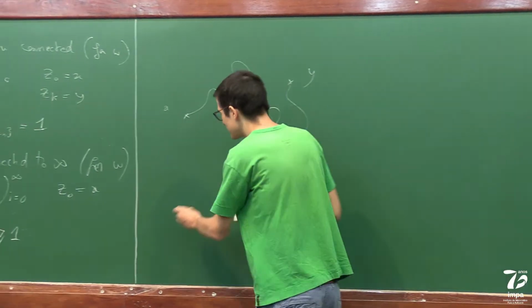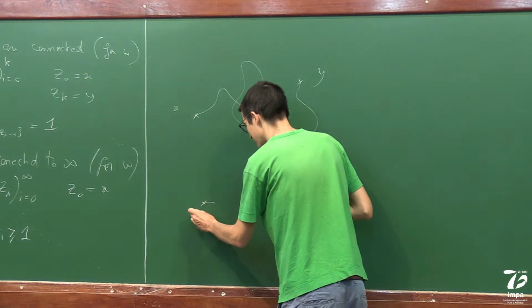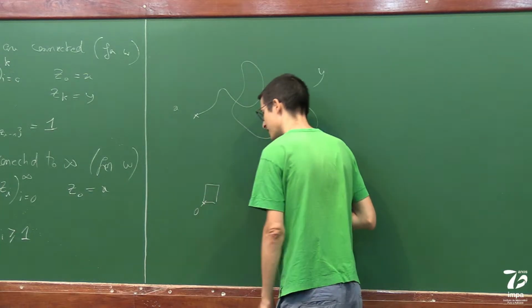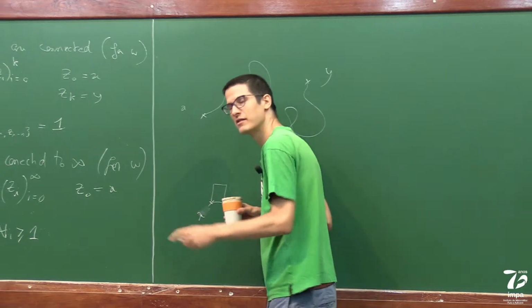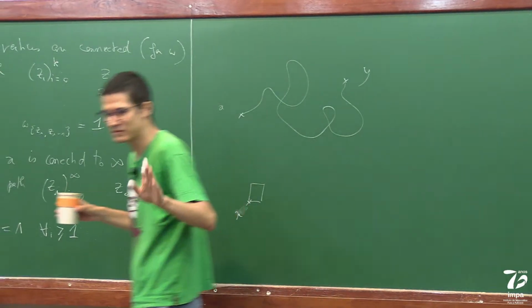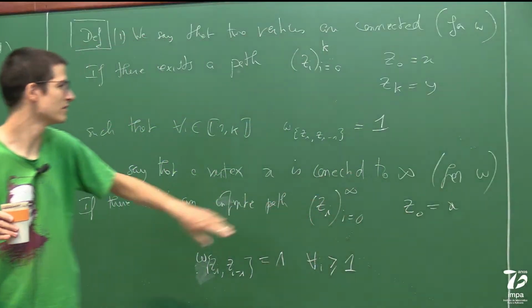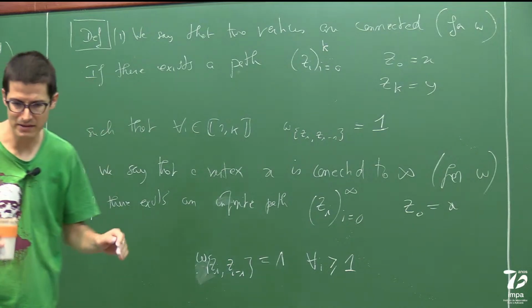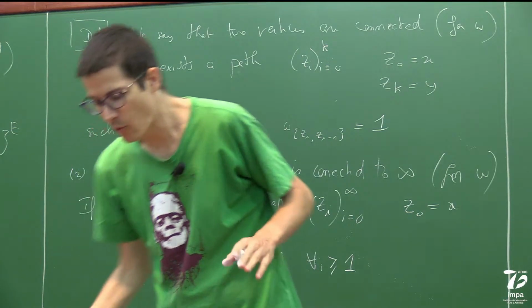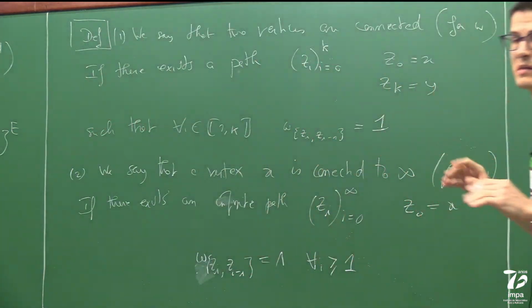For the second definition, of course, if you have a loop going from x to x and you don't have self-avoiding in the definition, this makes it not a good definition. So when I'm saying path, I'm always assuming a self-avoiding path.